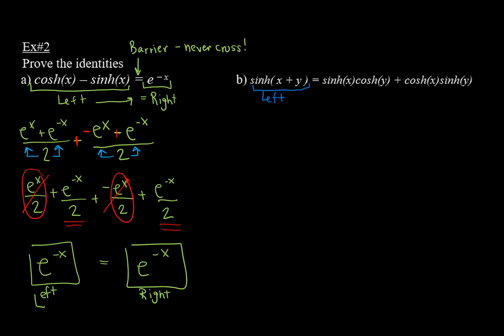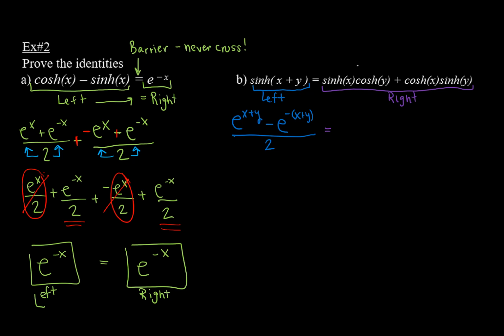So if I'm doing sinh of x plus y, that would be like saying e to the x plus y minus e to the negative x plus y all over 2. All right, now let's manipulate the right-hand side. So the right-hand side's more complicated.